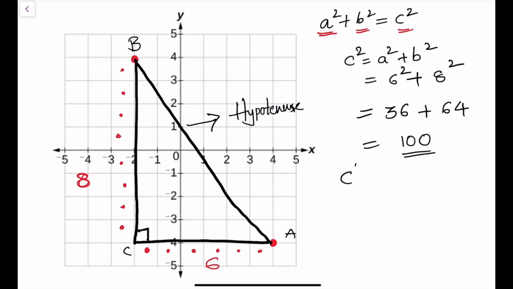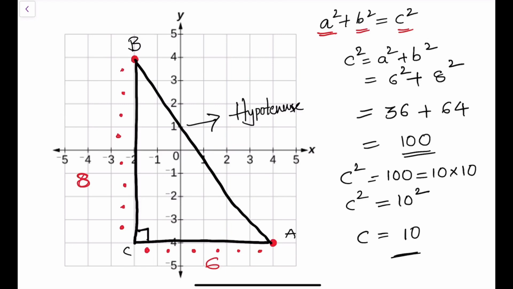So if C square equals 100, that can also be written as 10 times 10. That is C square equals 10 square. That means C equals 10. So the length of the hypotenuse, or the distance between the 2 points A and B, is 10.